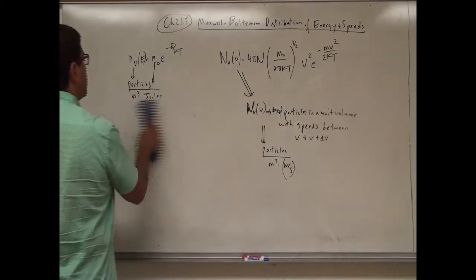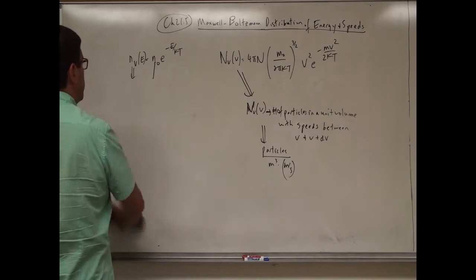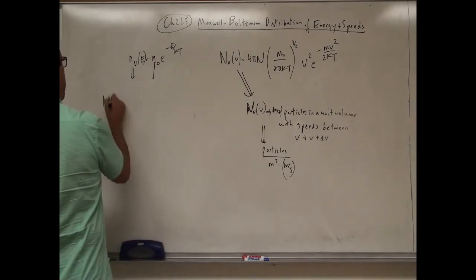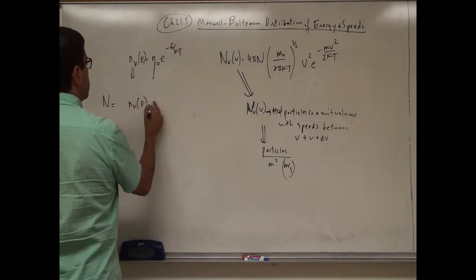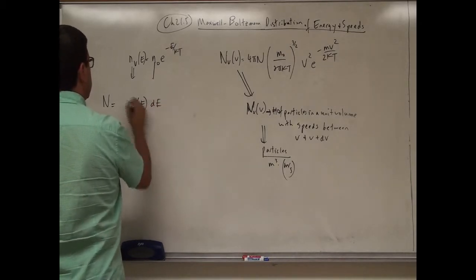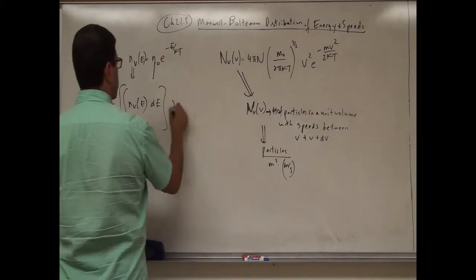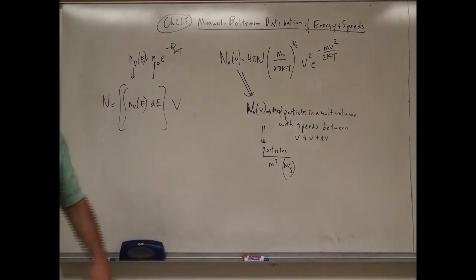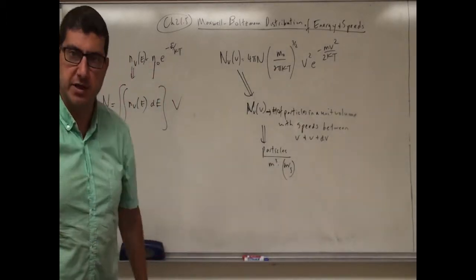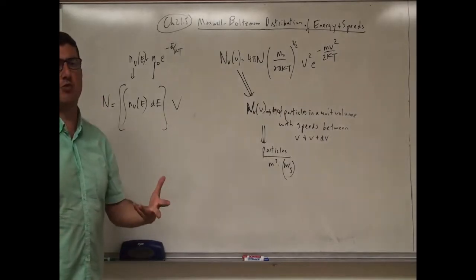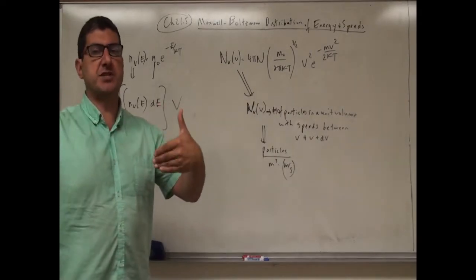So then what will happen? If I want to calculate the total number of particles, how would I do it? The total number of particles would be N_V(E) times dE, times the total volume of the box, whatever the container that you're talking about, or it could be in terms of an atom, right? The total volume of the atom. You could have an atom with a bunch of electrons in there.